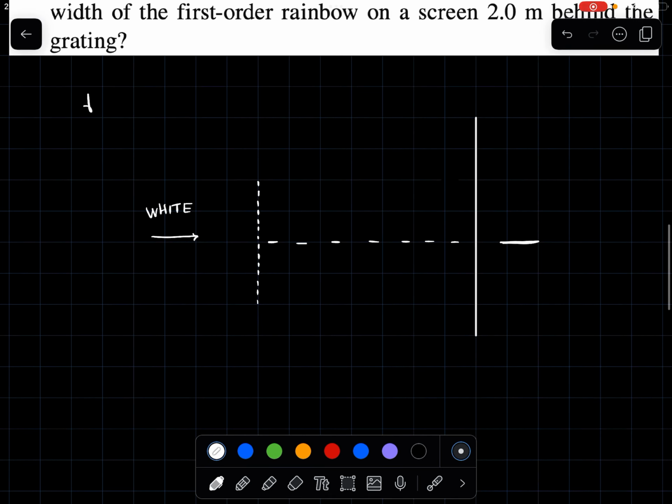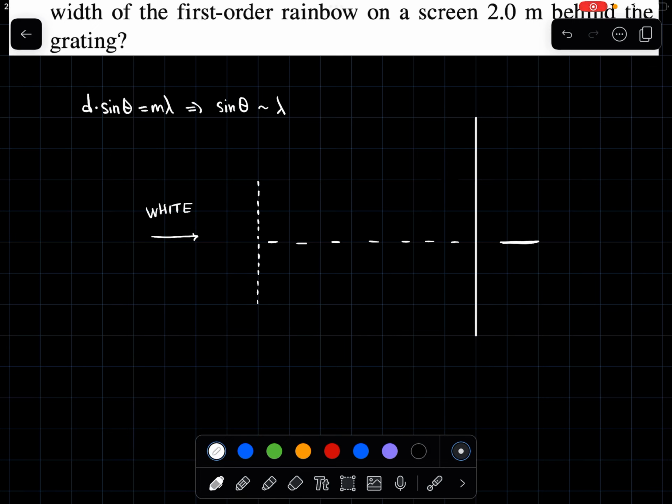So from the equation of diffraction grating, d multiplied by sine theta is equal to m lambda, we can say that the sine of the angle of diffraction depends on lambda, so it depends on the wavelength of the light. So more wavelength means more angle.